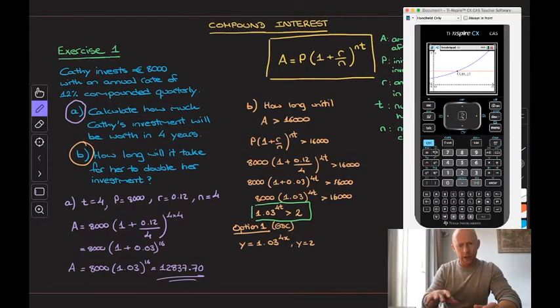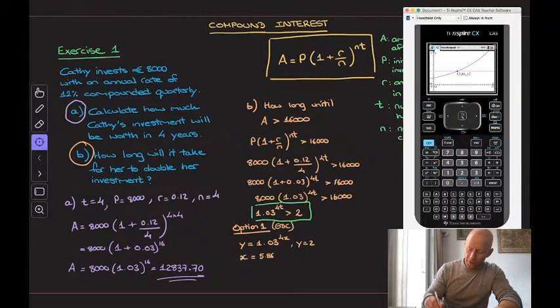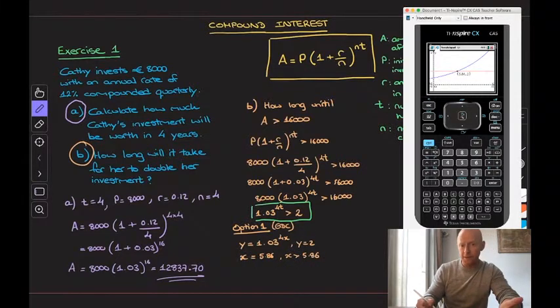We're not interested in the y-coordinate, only the x-coordinate. Now, here, we find that they intersect when x equals 5.86, and therefore, for this curve to be above the line, we need x to be greater than that x-coordinate. So x has to be greater than 5.86.